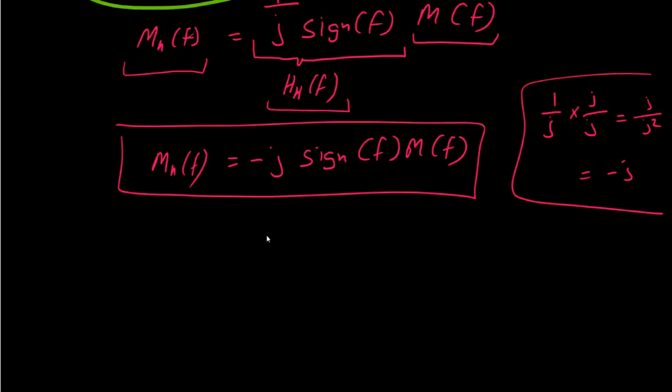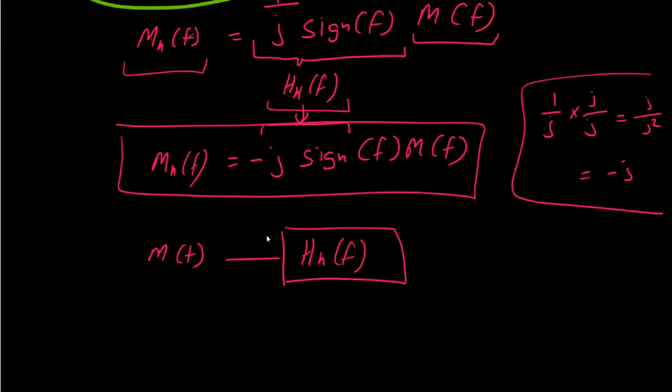Basically, this is our filter. What we're trying to say is that if we have a signal m of t and pass it through this filter, which is h of f, then eventually we would have a Hilbert transformed version of this m of t. That is, we would have m h of t.